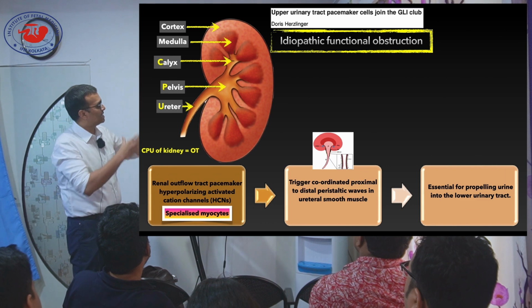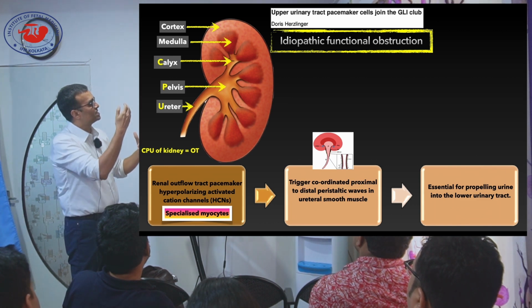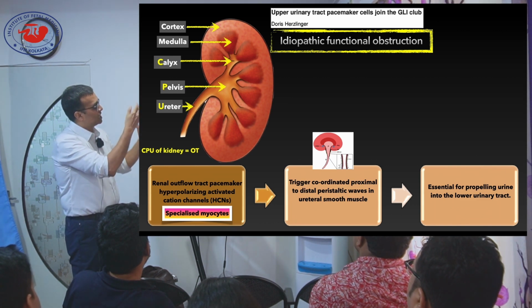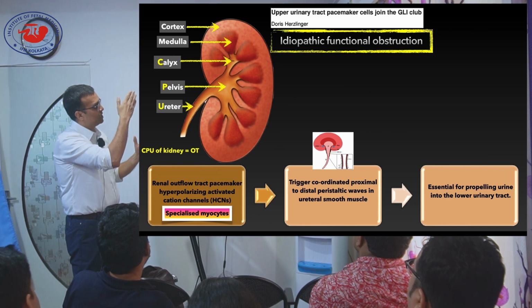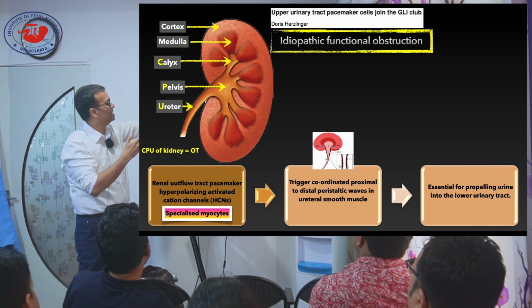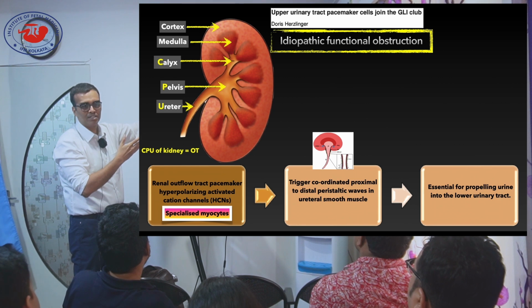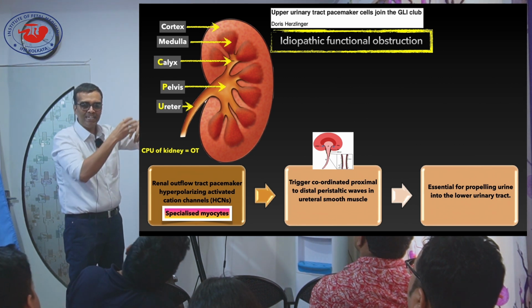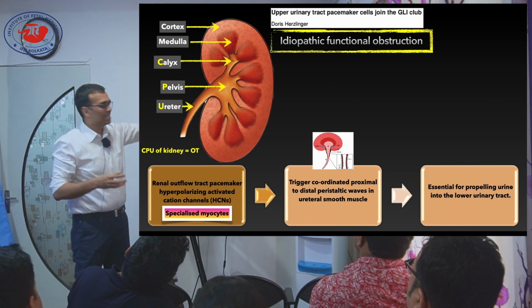And when it is conducted from proximal to distal, it will propel the urine from the production site along the pipeline to the collection site, the bladder, because it has to go in an antegrade way, right?